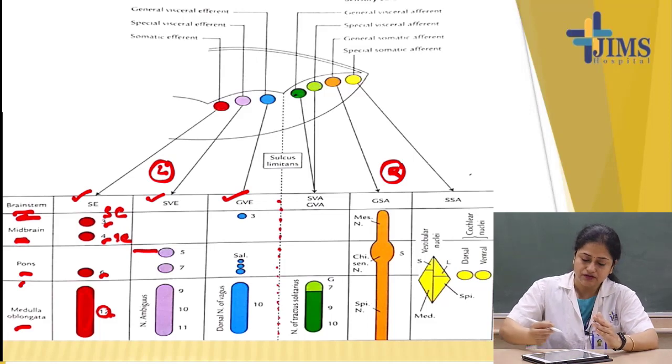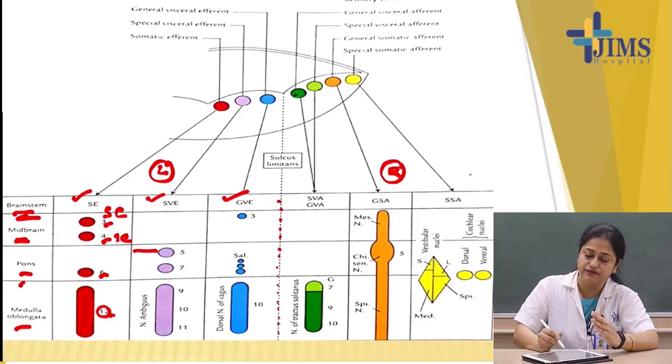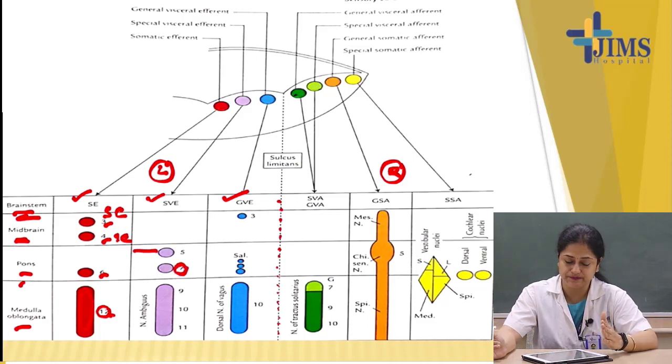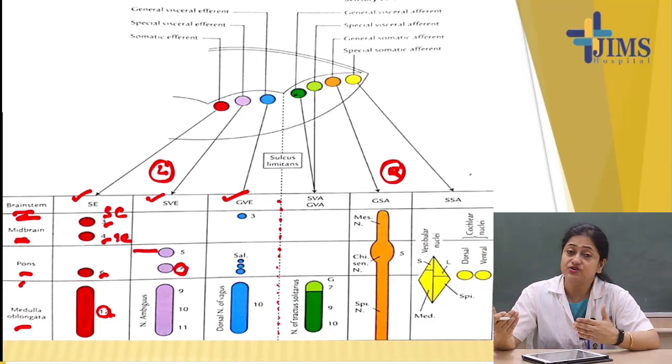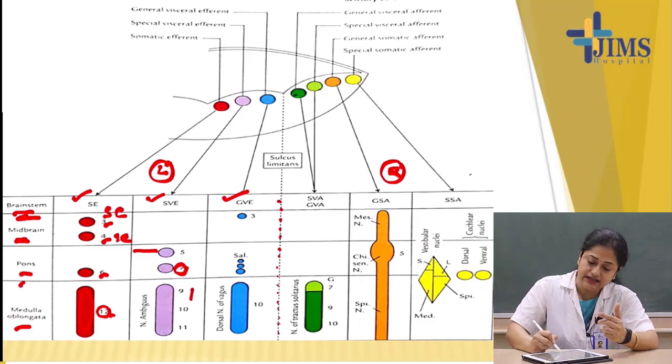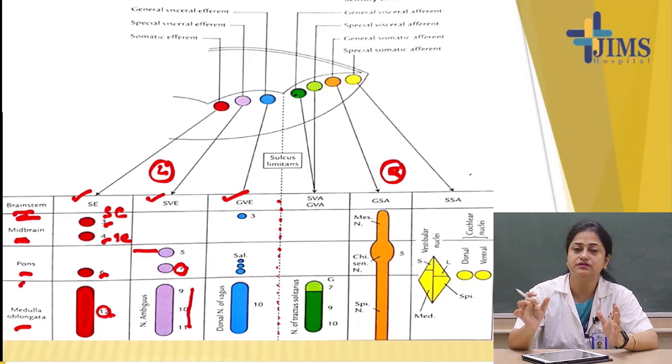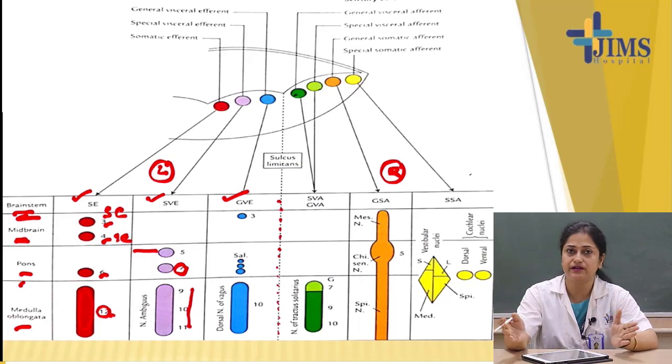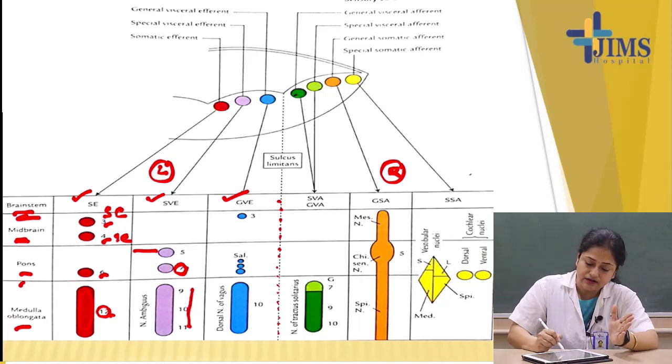Lower part of pons, corresponding to this abducent nerve nucleus, you have the nucleus for the facial nerve, that is the motor nucleus of the 7th nerve. So it is located in the lower part of pons. Next you have 9, 10 and 11. These fibers come out from the same nucleus, and that nucleus is called the nucleus ambiguus.